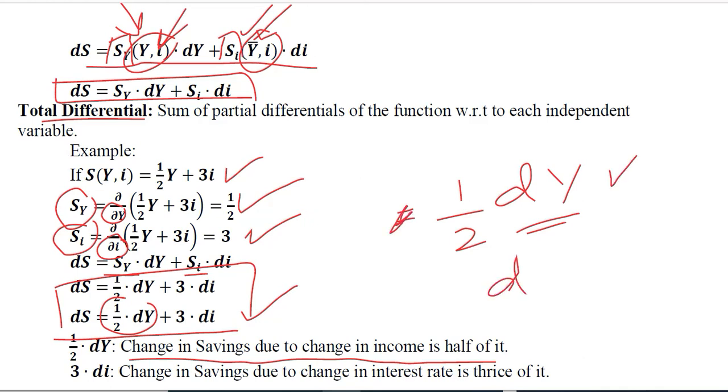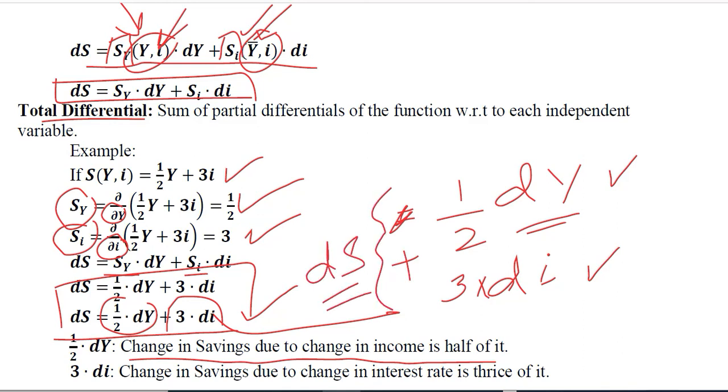Whatever change is brought in the interest rate, we make it 3 times, and we note it, and then we add these two. Adding these two, I will get the overall change in the savings.